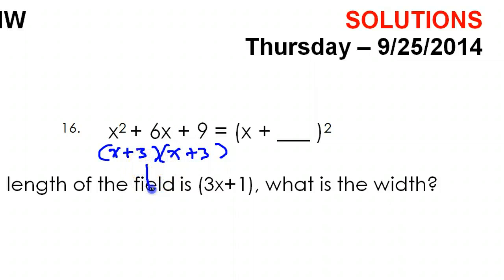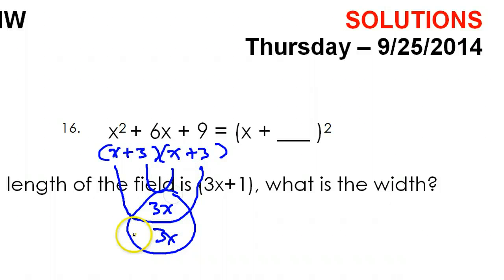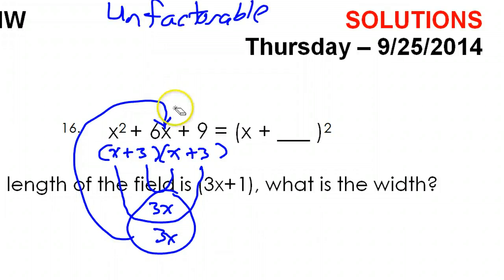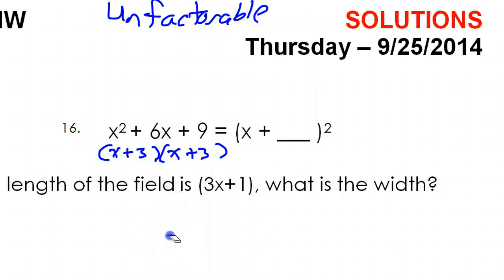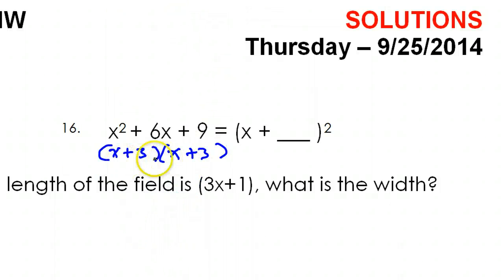Even if you do your inners and outers, inner, you have 3x, outer, you have another 3x. Together, that makes 6. Okay, so this is correctly factored. But x plus 3 times x plus 3 is the same thing as x plus 3 squared. So that's number 16.